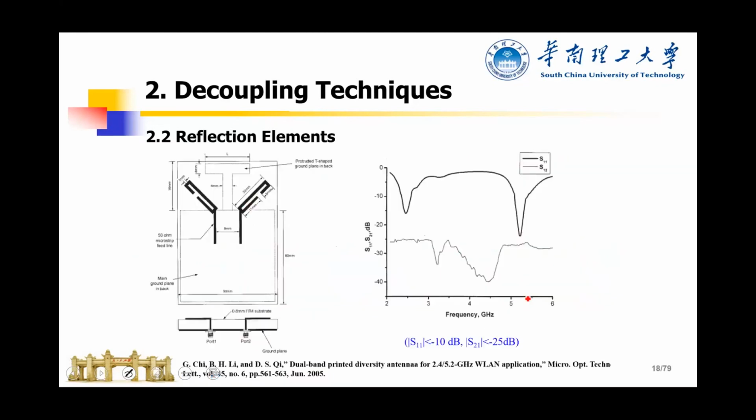For example, this work uses a T-shaped reflect element. Why use a T shape? We want to improve the isolation in dual band. If we use only one flat element, we only improve the isolation in one band. So with a T shape, the reflector can improve the isolation in two bands.